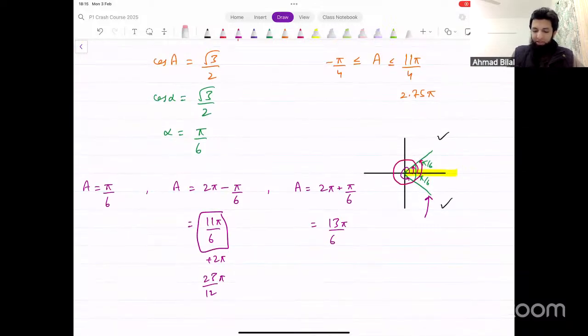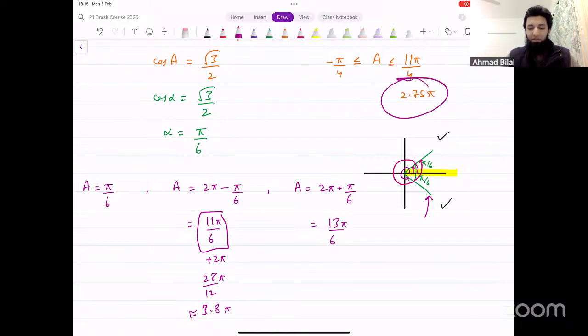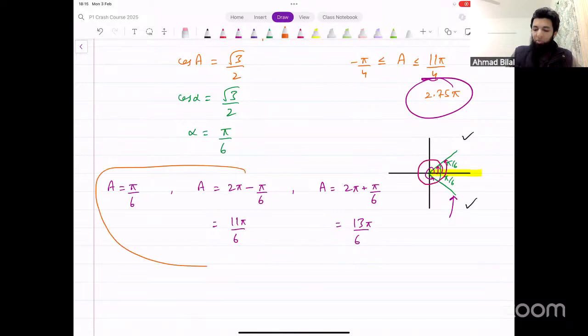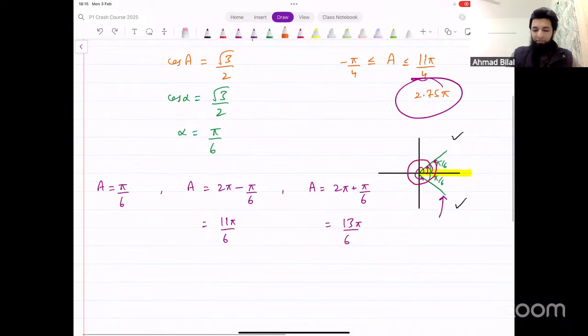You can check that by converting it to decimals. It will be something very close to 4 pi, so 3.8 something pi, I think. You can check that. That is clearly outside the interval, so that is not something that we can consider then. So the only three angles that we get therefore are these three in the positive direction.